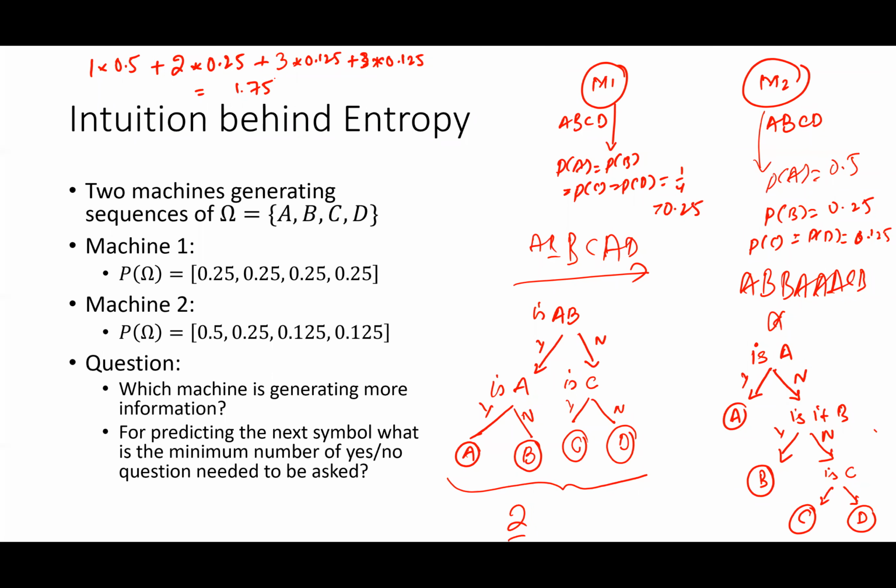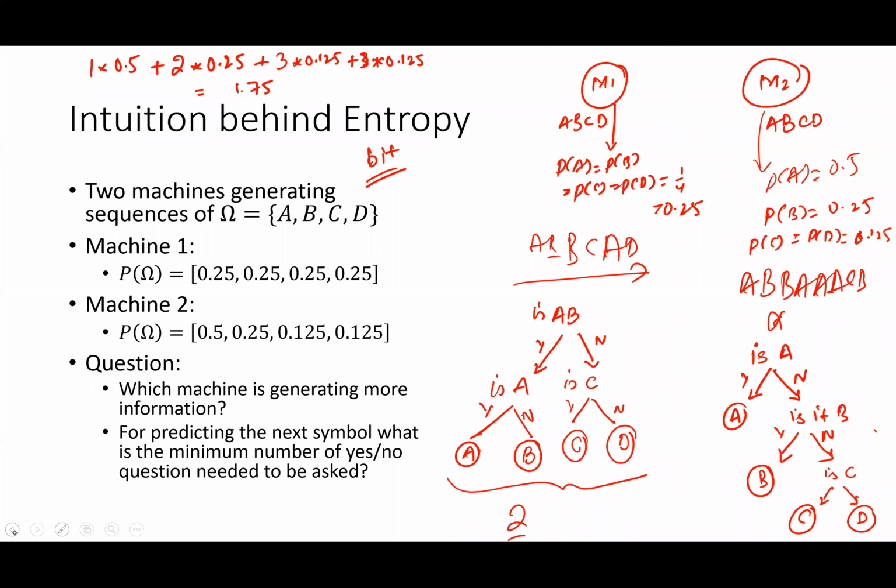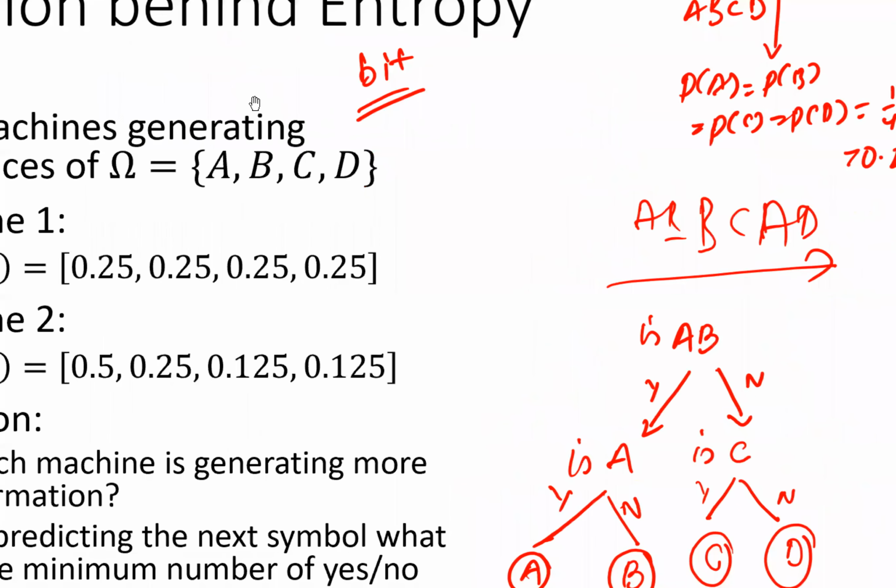So you replace the number of questions with bits. So machine number 1 is generating basically 2 bits on average, whereas for machine number 2, we have to only ask 1.75 questions.